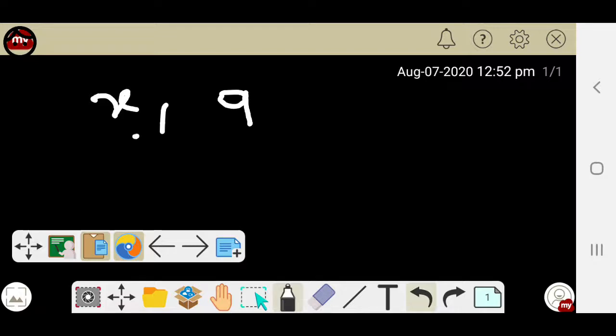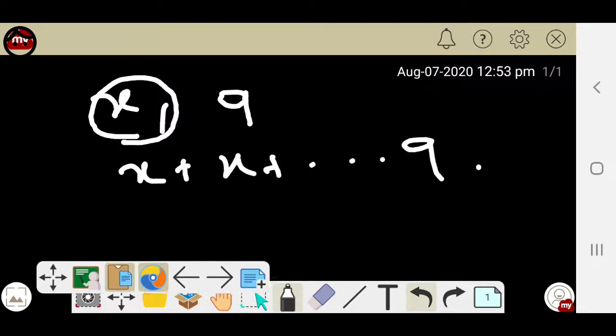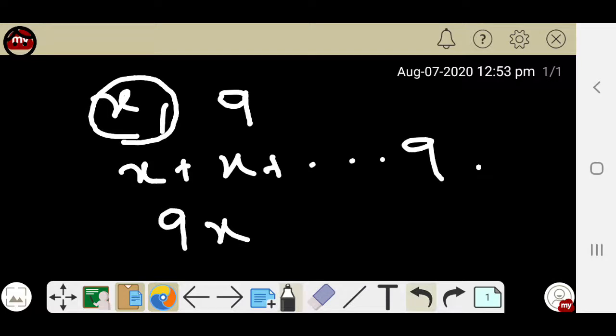Then one angle's measure is x and there are total 9 angles, so what is the total sum of the angles? We have to add x 9 times. That is the same as 9x. Now we know that the total sum of exterior angles equals 360. So what we can write? 9x equal to 360.